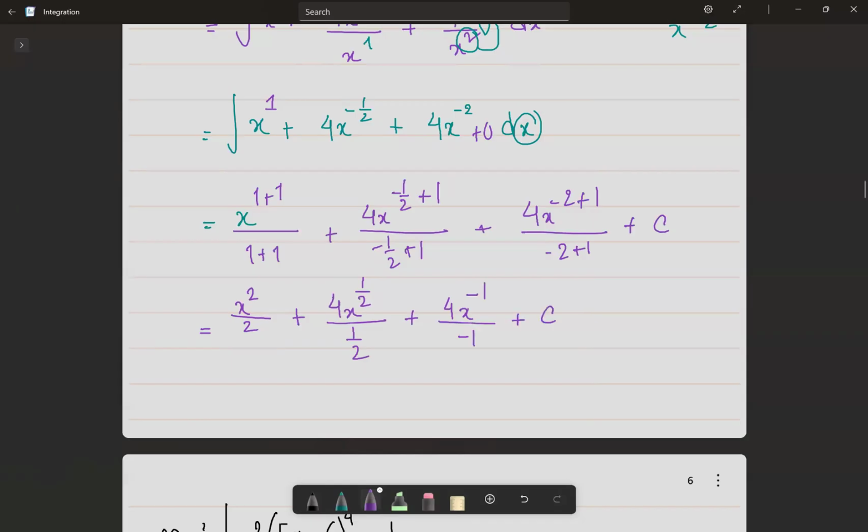So your final simplification would be half x square plus 4 divided by half. For this you're going to put 4 divided by half in your calculator, and the calculator is going to give you 8, and then you have x to the power of half.